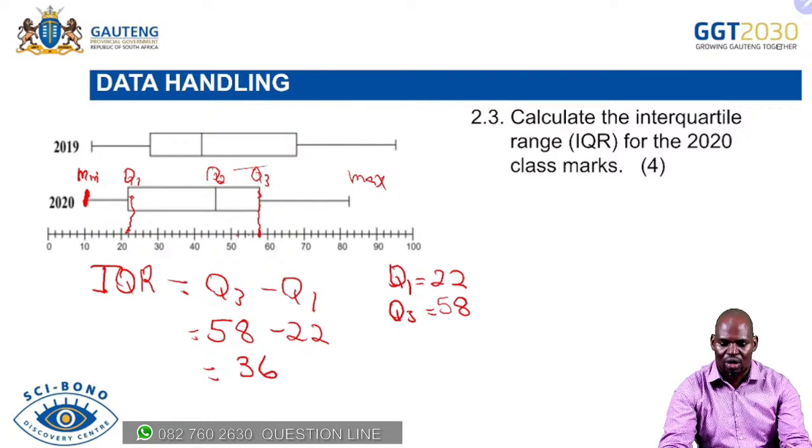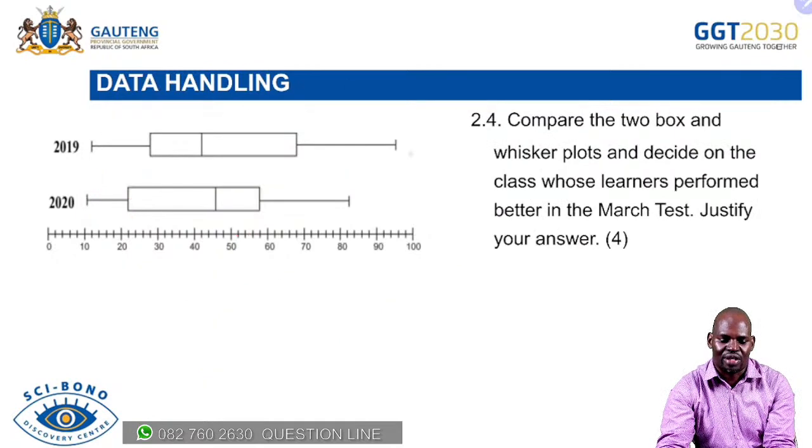Then the next question, still based on the very same diagram. Compare the two box and whisker plots and decide on the class whose learners performed better in the March test. Justify your answer. Remember, what is indicated on the box and whisker is just a summary. So we have to write down the following information.